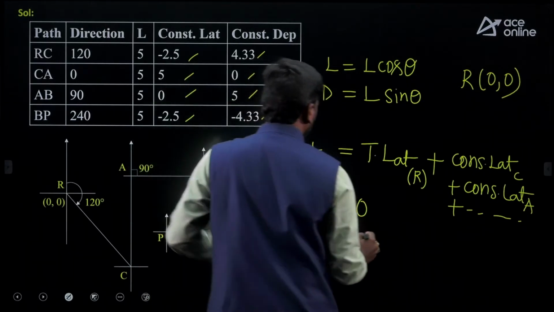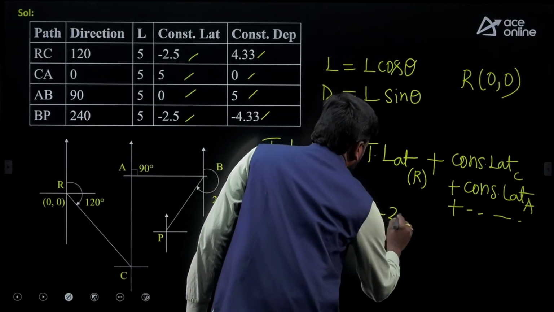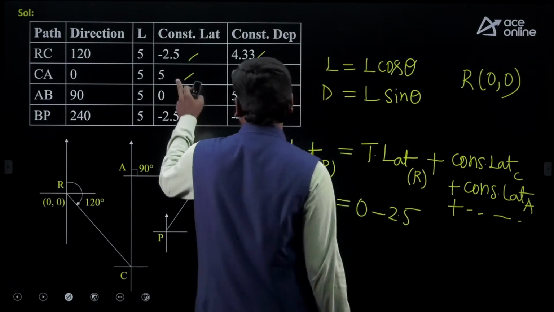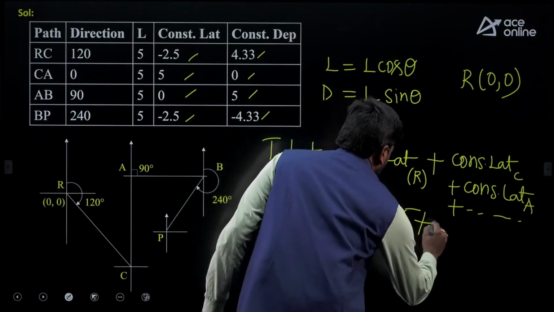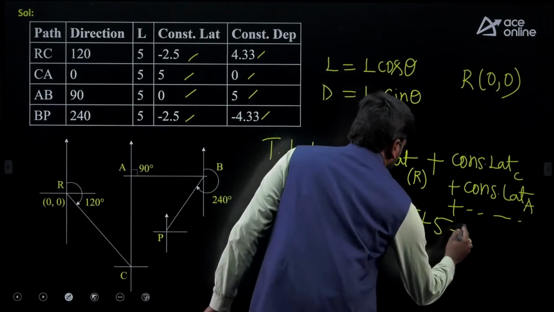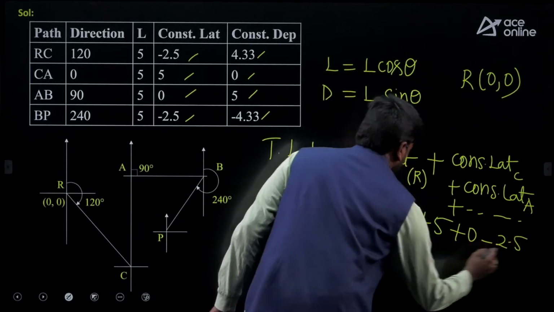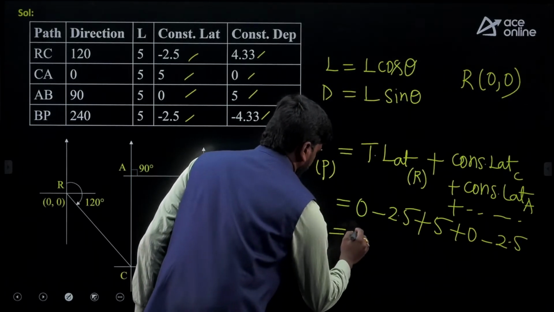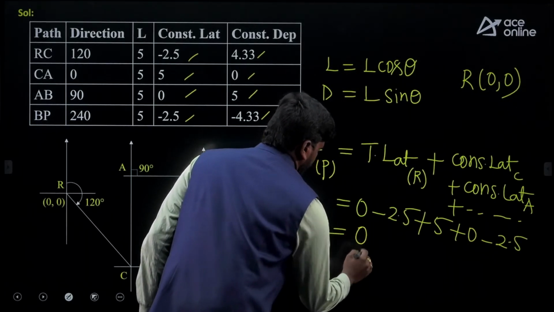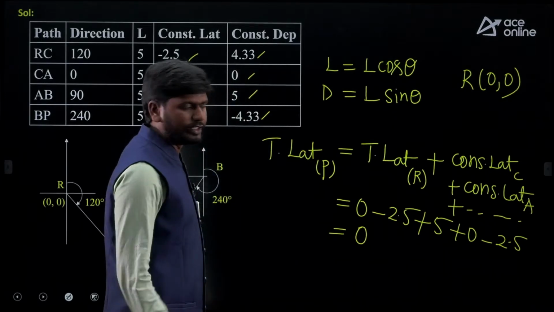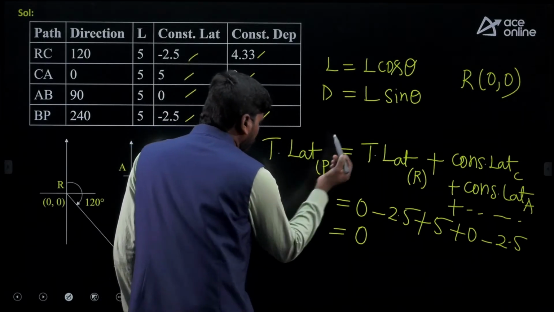Next, minus 2.5. As we are taking the algebraic sum, we need to consider the sign also. Plus 5 plus 0 minus 2.5. So it will give you 0, right? So this is the total latitude of point P.